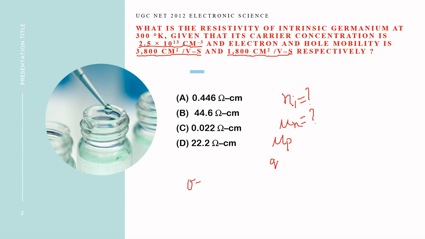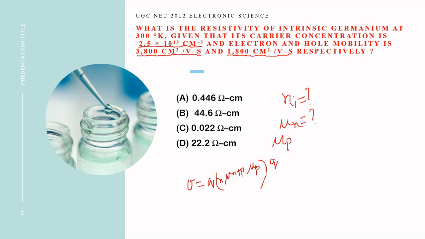So we know the electrical conductivity, that means sigma equals Q n mu n plus P mu p.